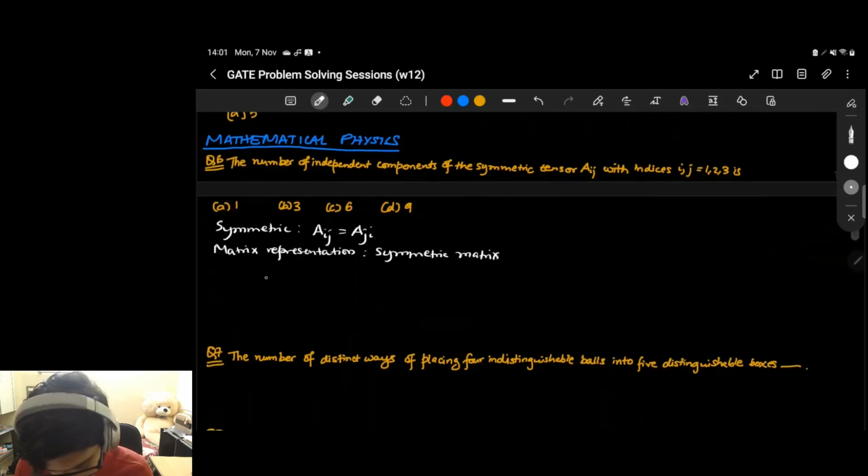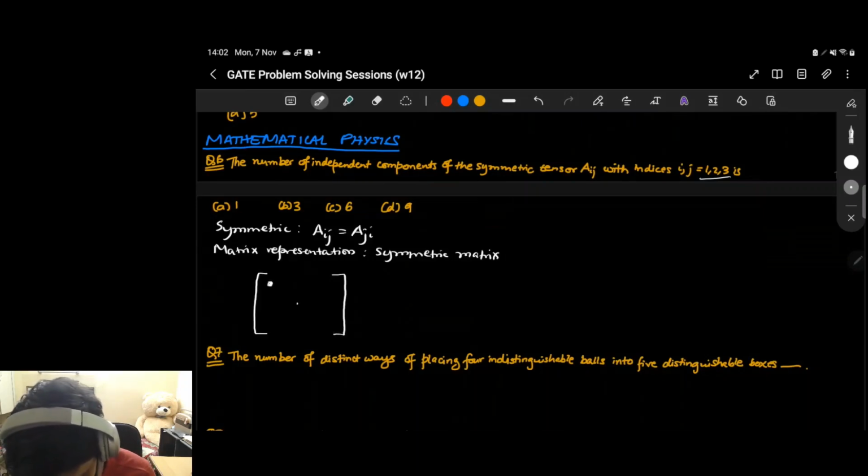This is a 3 cross 3 matrix because we have indices going up to 3. So let us make a matrix. We have some diagonal elements, and then Aij equals Aji for the symmetry condition.